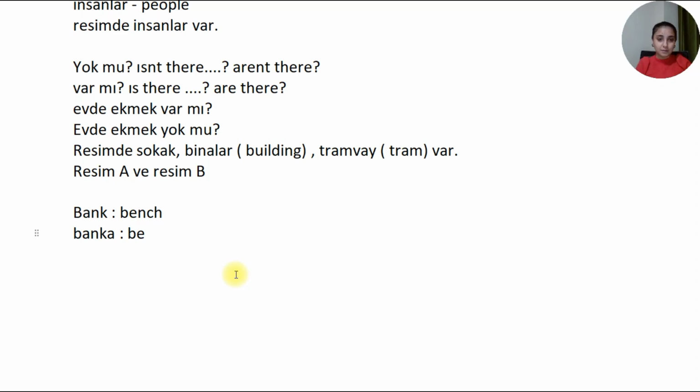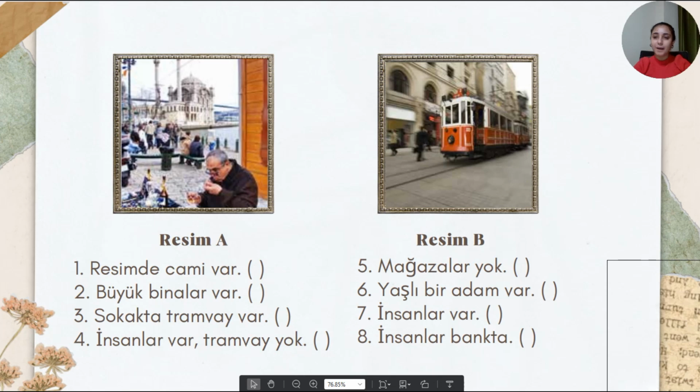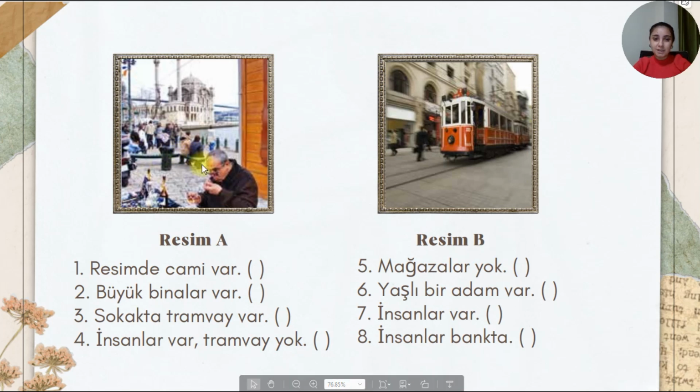Banka is bank in English. Bank in Turkish is bench. And this sentence says, İnsanlar bankta. It means people are on the bench. Here, there is a bench and they are sitting here. Let's say resim A. Okay.